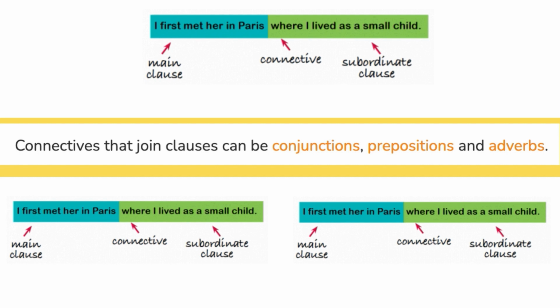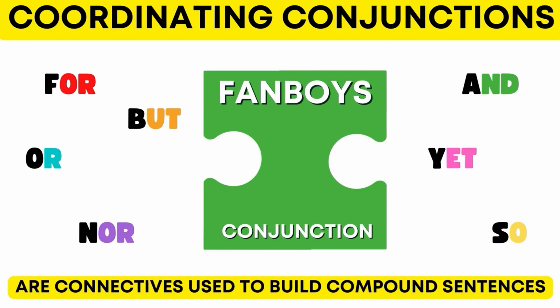So we're going to discuss two different types of conjunctions today. Conjunctions that are used with compound sentences, and conjunctions that are used with complex sentences. So your coordinating conjunctions are what we call fanboys. Fanboys stand for different words.